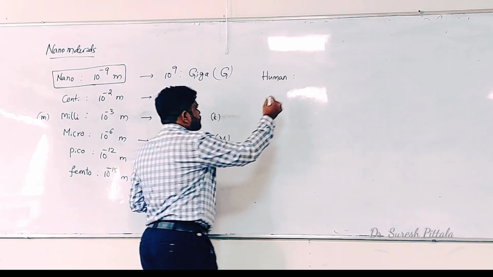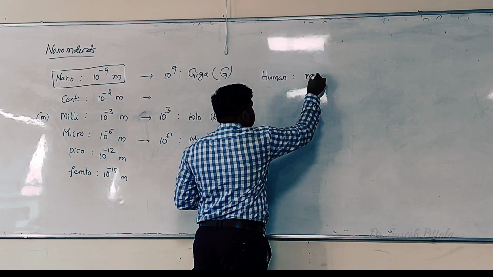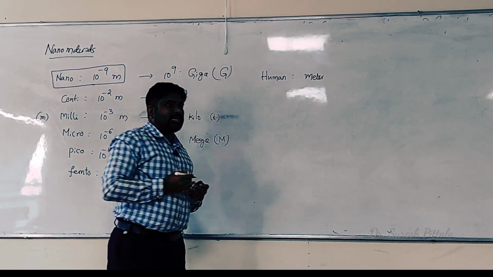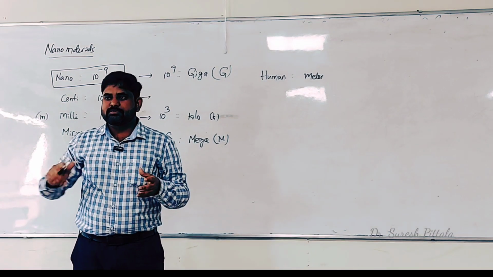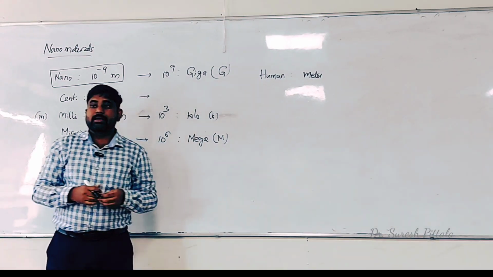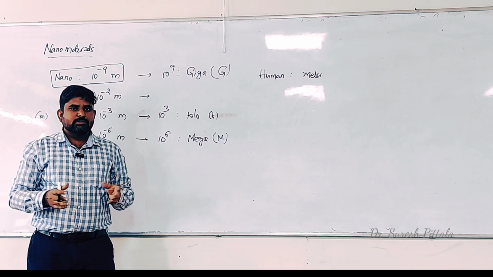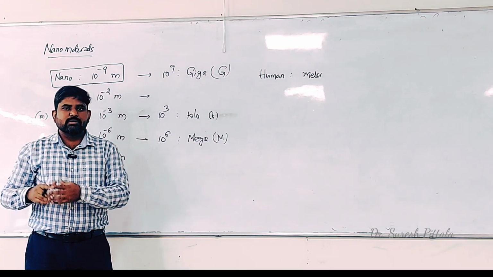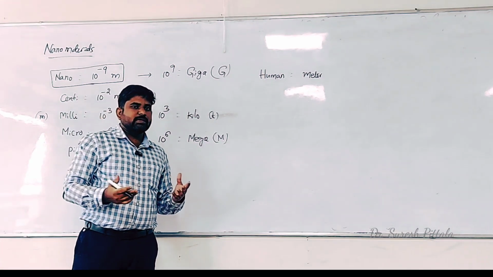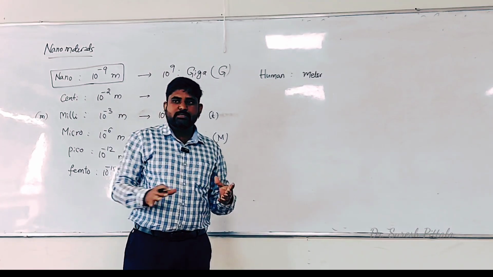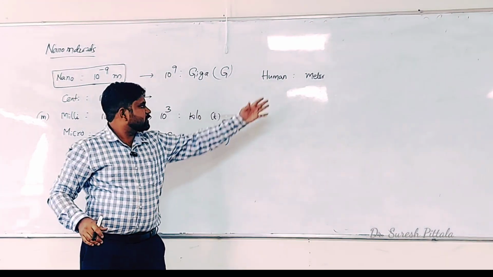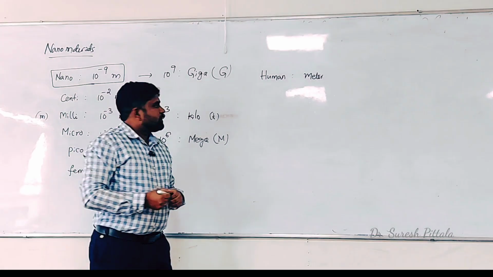So we are in the meter range, and it is classical physics. Classical physics deals with macro objects, bigger objects. A cricket match is going on, the ball is hit by the batsman. If you want to see the dynamics, it is classical physics in terms of meters only.